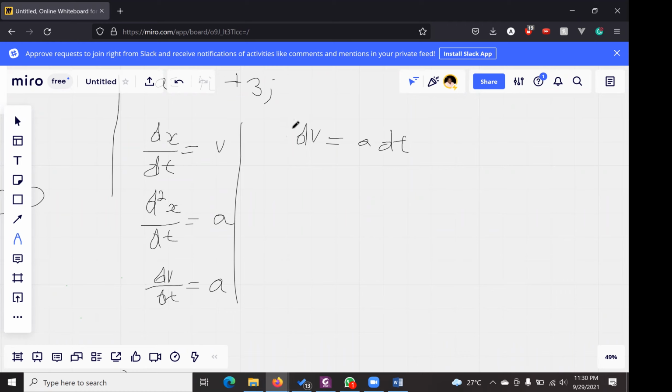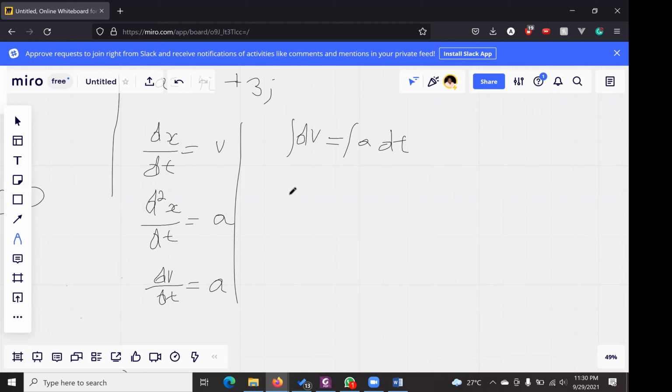Say this in words. The integral of dv, the change of velocity, is equal to the integral of acceleration times the change in time. All right.